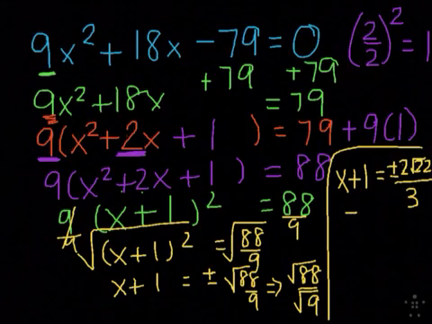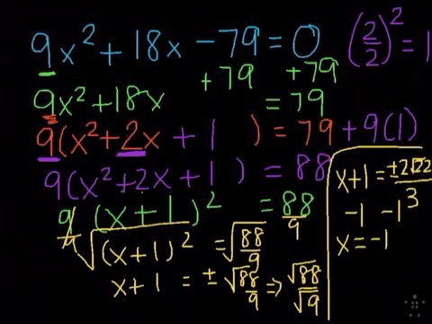Okay. Subtract 1, subtract 1. So it's x equals negative 1 plus or minus 2 square root 22 over 3.